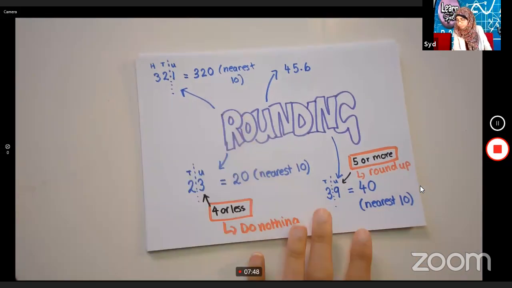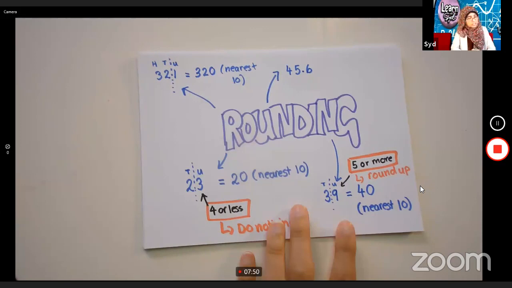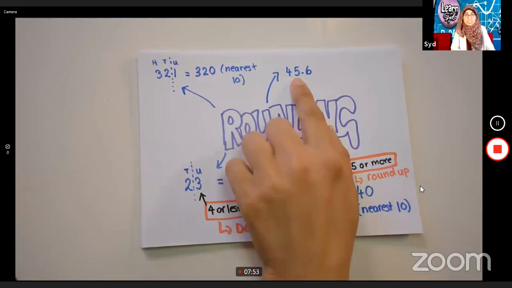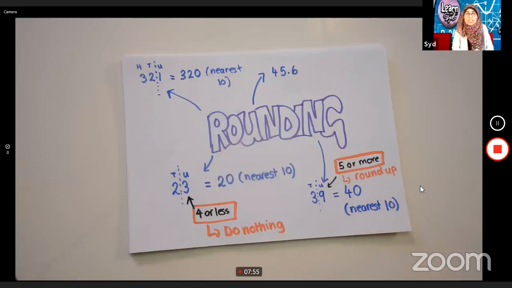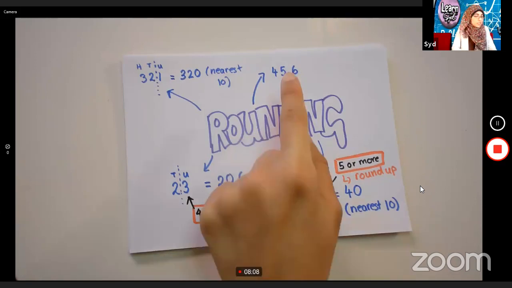Okay, so let's have a look at this. 45.6. We want to round this to the nearest whole number. I always keep saying round up, but we don't know whether we're going to round up. We're going to figure out whether we round up or the number stays the same. So let's have a look at 45.